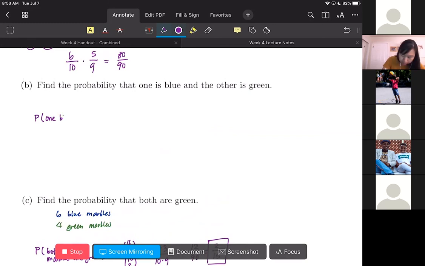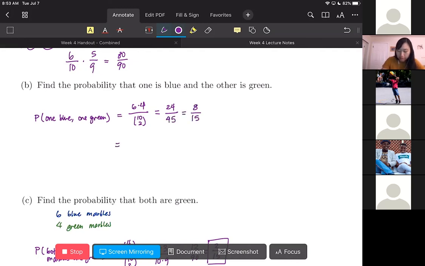Yeah. So basically there's 6 times 4 ways we can choose 1 blue and 1 green out of 10 choose 2 total ways. This gives us 24 over 45, which is 8 over 15.